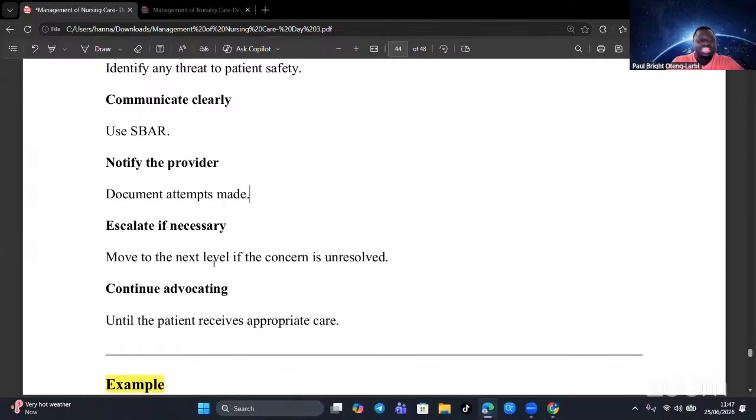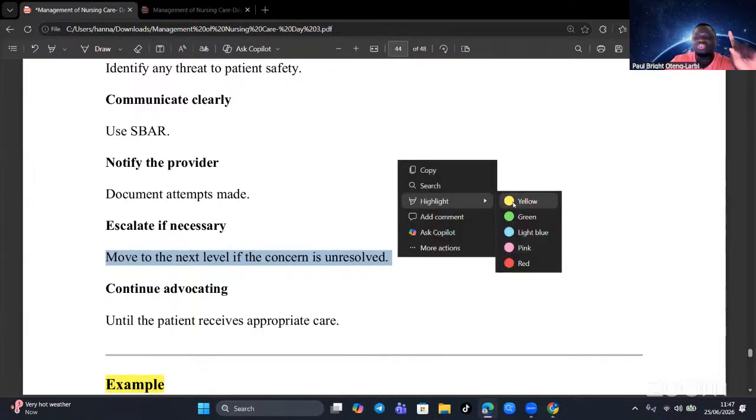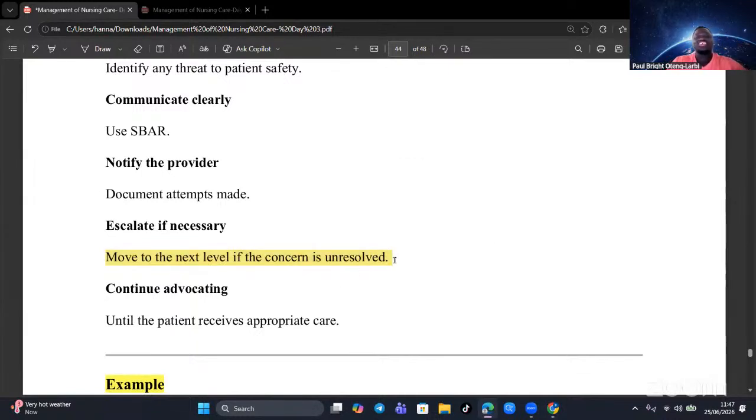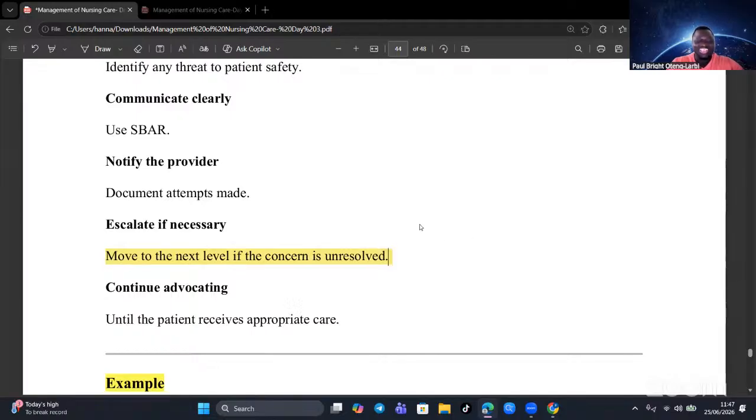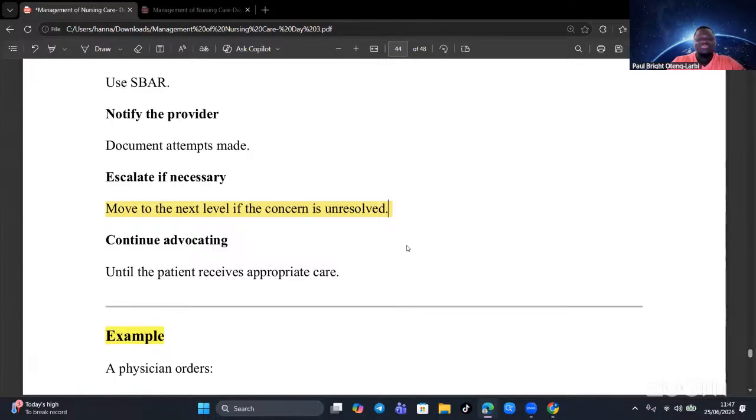Move to the next level if the concern is unresolved. They are expecting you to mention this, especially when you are doing job interviews. If you go and say any rubbish thing, they will fail you. You will be talking, they are smiling, but after the interview, they will say, unfortunately, we are sorry, and this time around we moved on with other colleagues who did well.